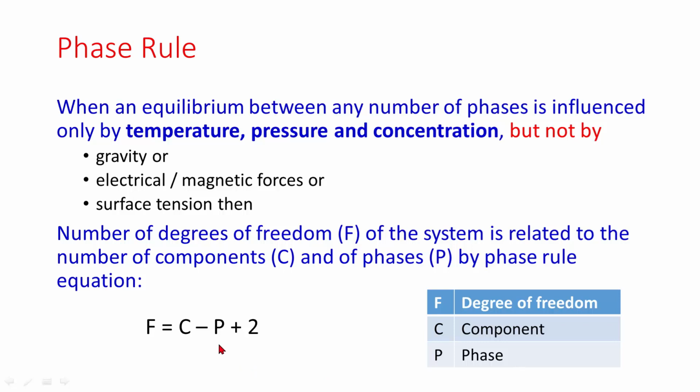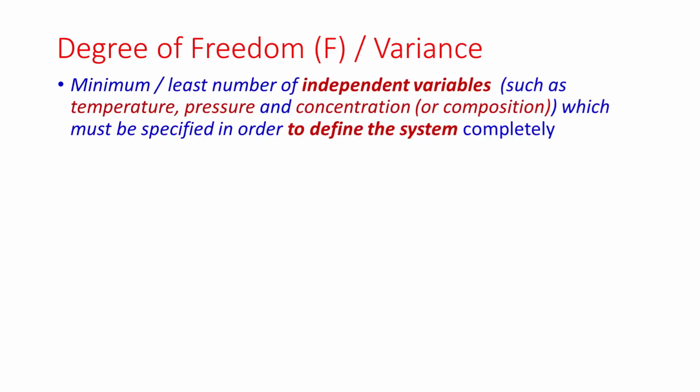In earlier sessions, we have discussed about phase and component. In this session, we will discuss about degree of freedom. Degree of freedom is also termed as variance. It is defined as minimum or least number of independent variables such as temperature, pressure and concentration or composition, which must be specified in order to define the system completely.